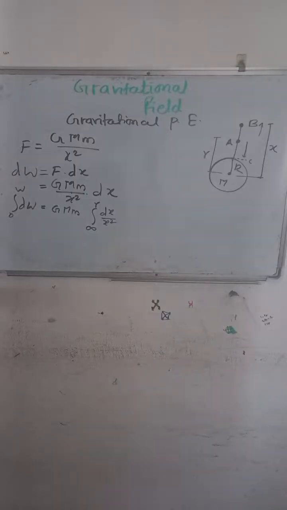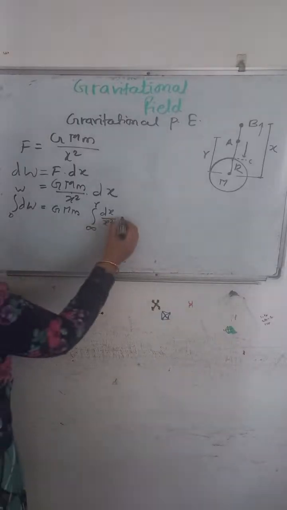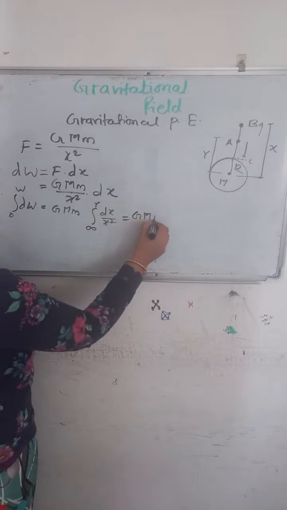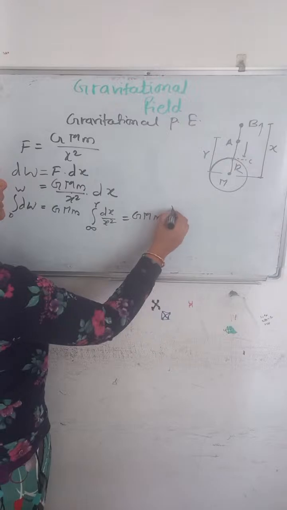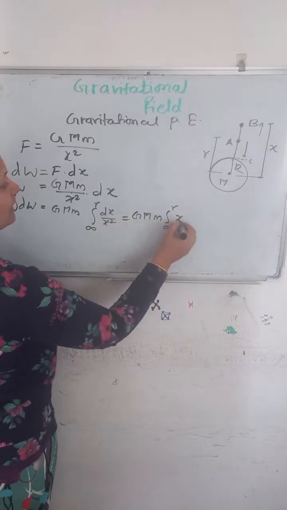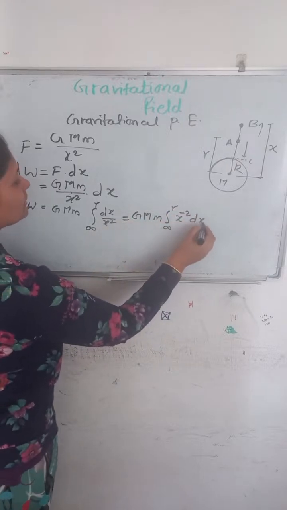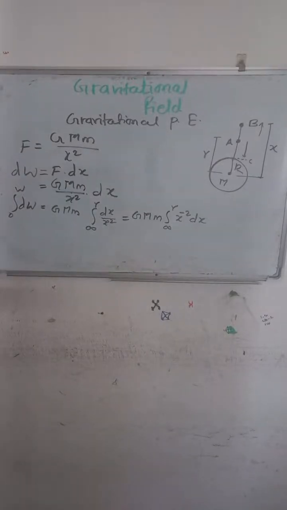Can you get this? Okay, so if I write it here, GMm integration of infinity to r, and x square you can take up as x raised to minus 2 dx. You can take an integration, x raised to n is nothing but x raised to n plus 1 upon n plus 1.